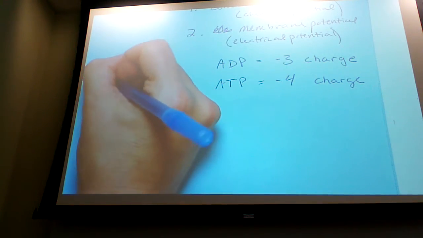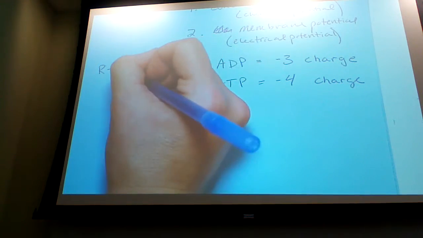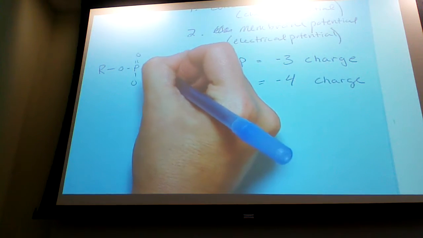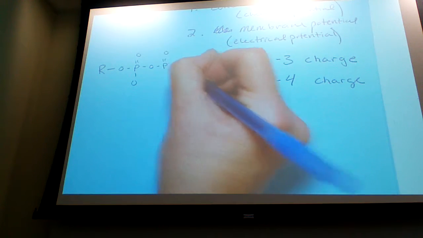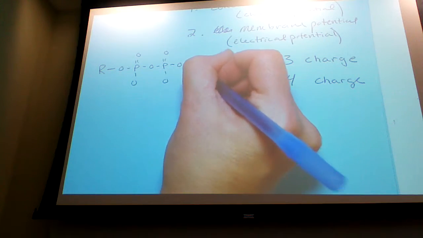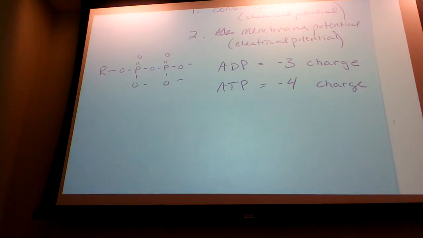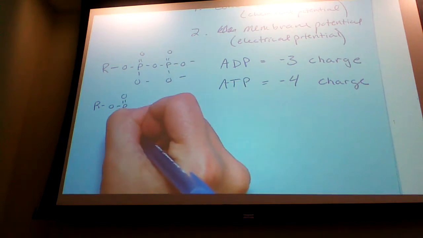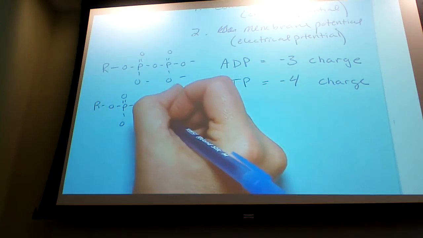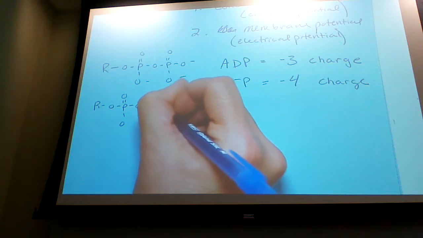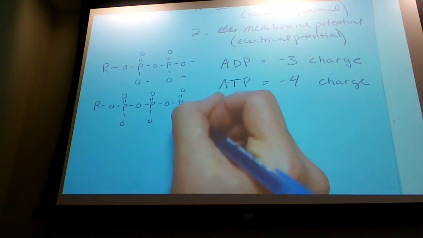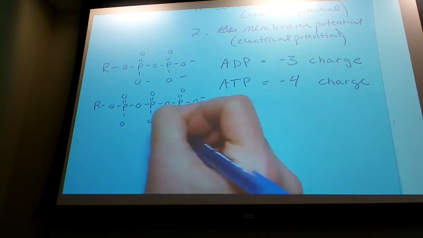If I have, let's just do it this way, this with just 2 phosphate groups on it, 1, 2, 3. And if I have 4 phosphate groups, or 3, I don't know what it is, tetraphosphate, 1, 2, 3, 4.